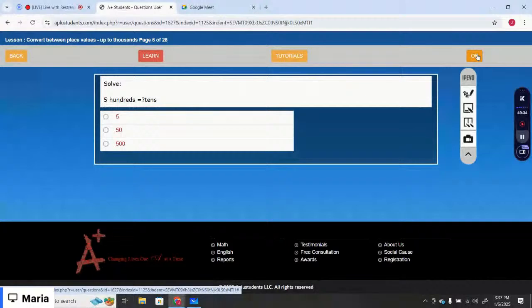500 is equal to how many tens? 100 has 10 tens. So then 500 has 50 tens. The correct option is 50.